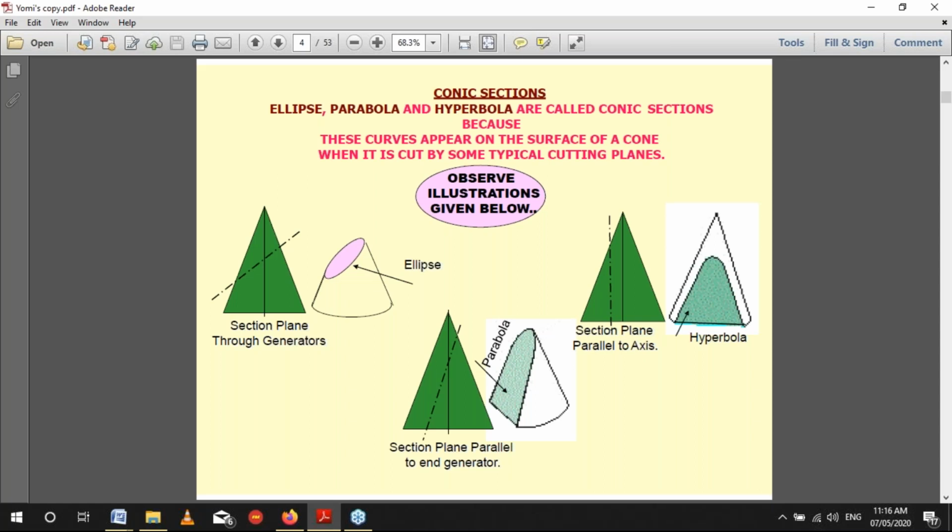A right circular cone is a cone that has a circular base and the axis is inclined at 90 degrees to the base and passes through the center of the base.